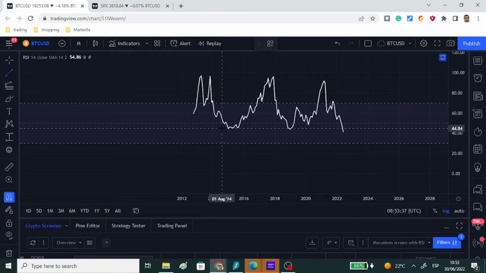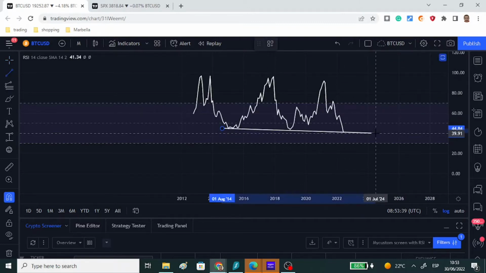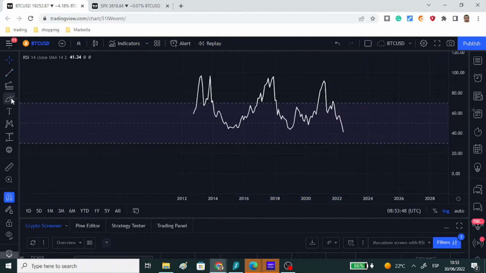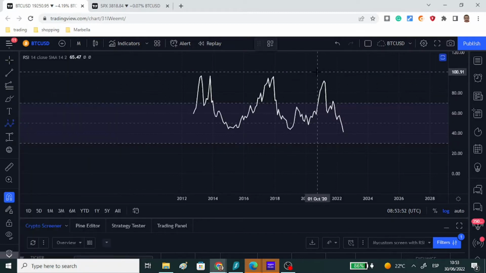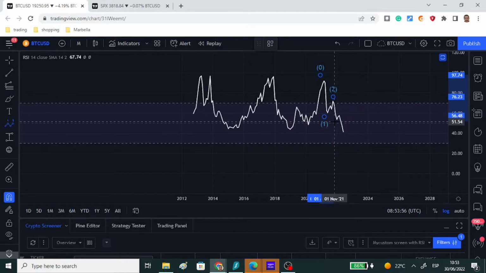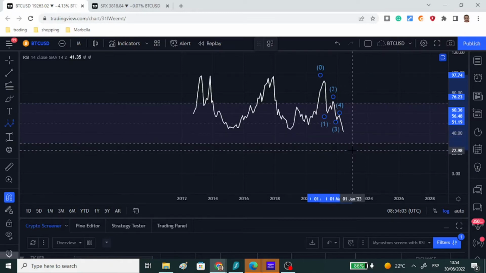Let's see the support zone for the RSI here. Yeah, we touched the RSI support zone here, right? Now, if I were to count the Elliott wave on RSI, 1, 2, 3, 4, the 5, maybe down here. I don't know. Nobody knows.